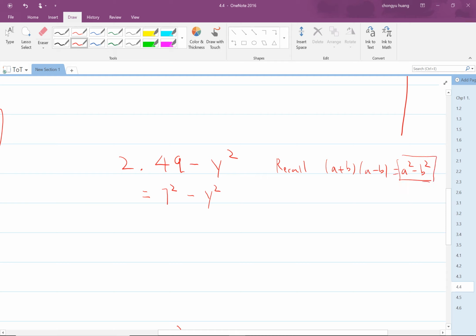It's quite similar, so you should apply the property. It just becomes 7 plus y and then 7 minus y, right? We finished the factoring, and this is the solution for question 2.